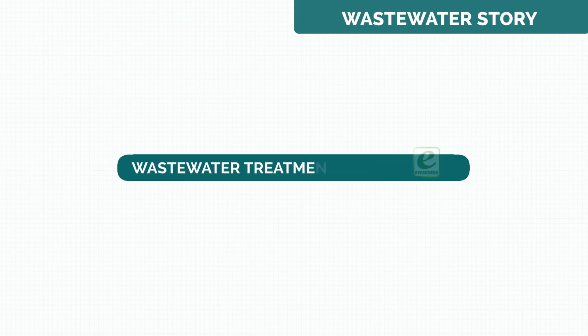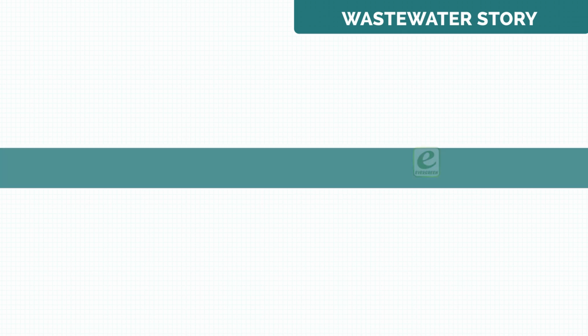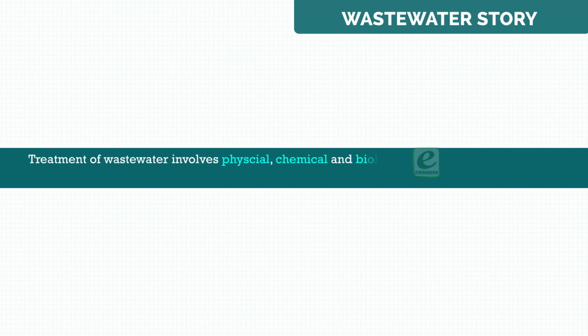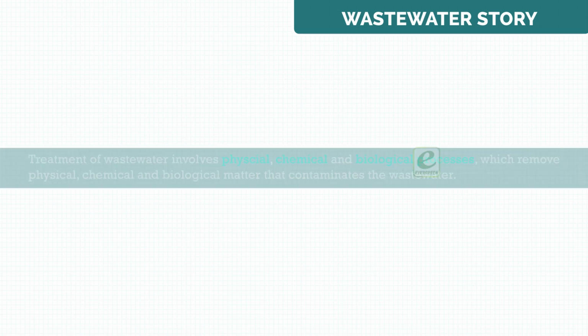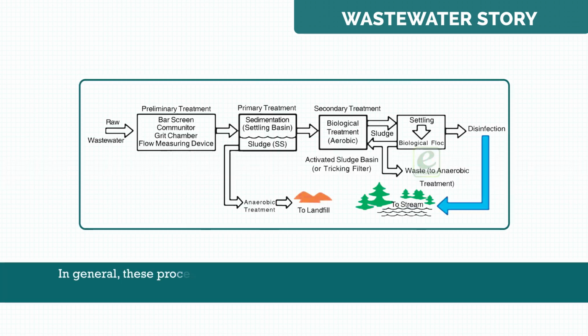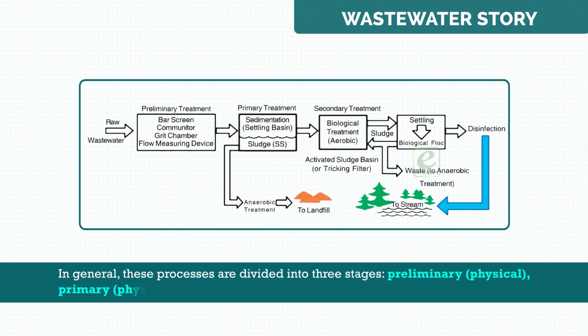Wastewater Treatment Plant or WWTP. Treatment of wastewater involves physical, chemical, and biological processes which remove physical, chemical and biological matter that contaminates the wastewater. In general, these processes are divided into three stages: preliminary physical, primary physical treatment, and secondary biological treatment.